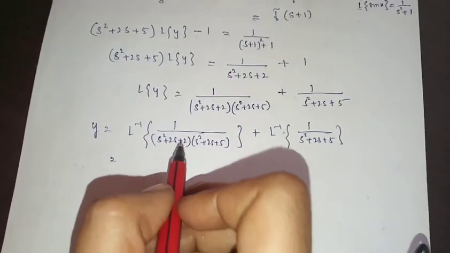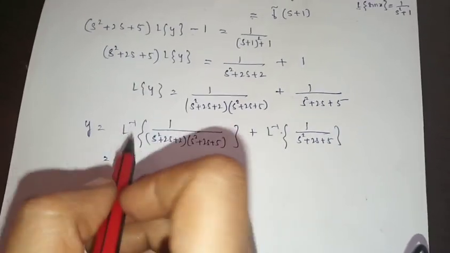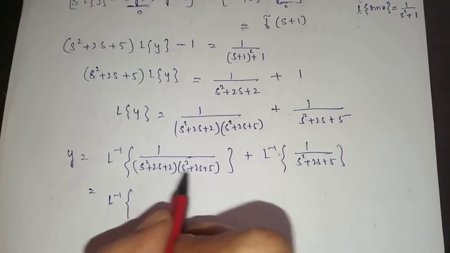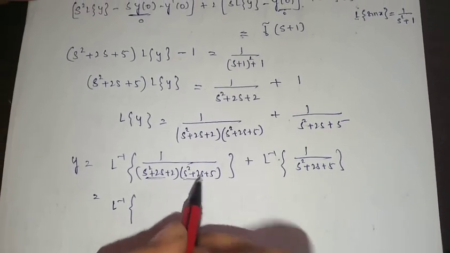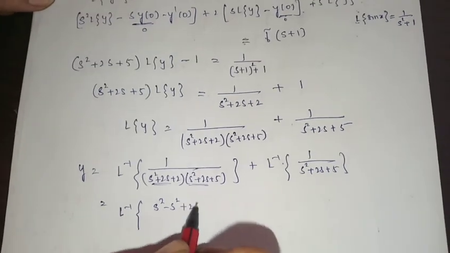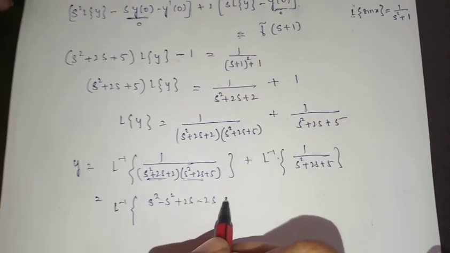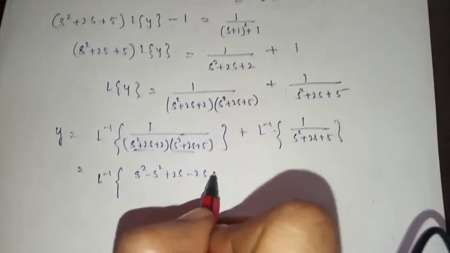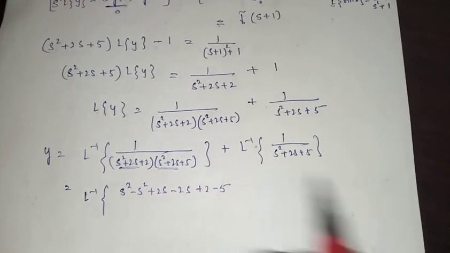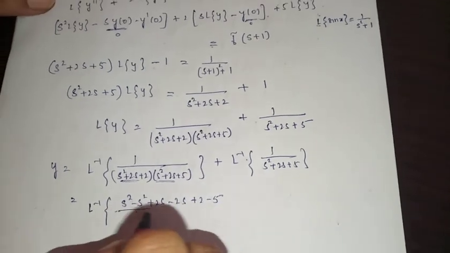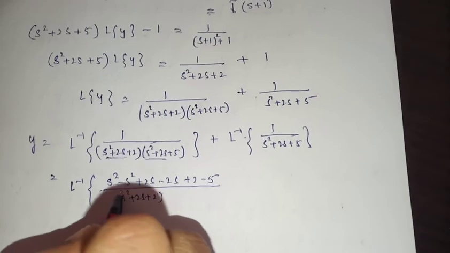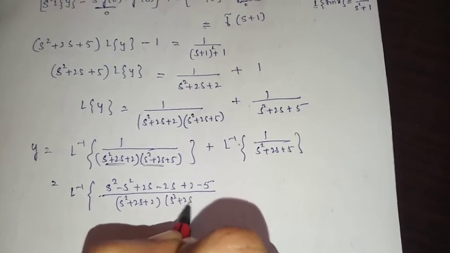Here if you want, you can go for partial fractions, or you can write this as, because both have s square plus 2s, you can add and subtract 2s: s square plus 2s minus 2s plus 2 minus 5 by (s square plus 2s plus 2)(s square plus 2s plus 5).